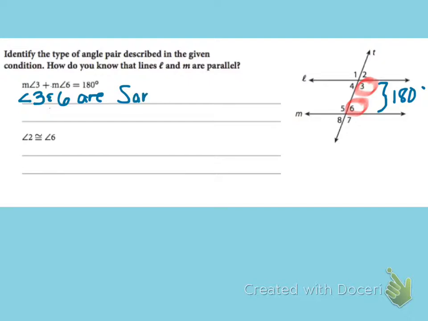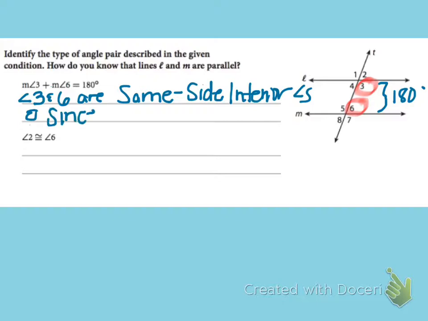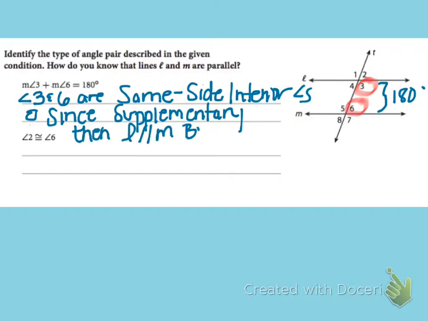Same side interior angles. And since they're supplementary, then the lines, then L is parallel to M. And again, it's by the converse theorem, converse of same side interiors, which was a postulate, I guess.